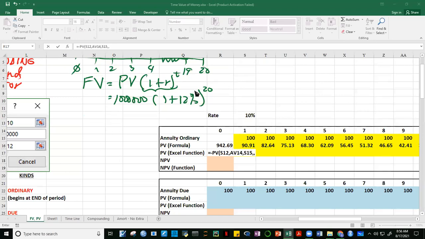Anong annuity to, guys? It's ordinary, therefore, hindi siya due, no? Ang due kasi ito yung due. This is annuity due. Okay, this is annuity due now. This is annuity ordinary. Kaya nga, anong pipiliin natin dito, guys? Is it end of the period or beginning of the period? It is end of the period. No? So that should be annuity ordinary.